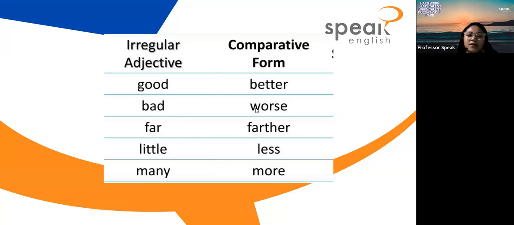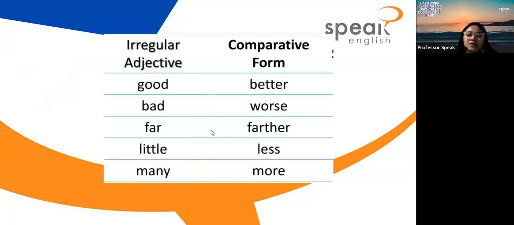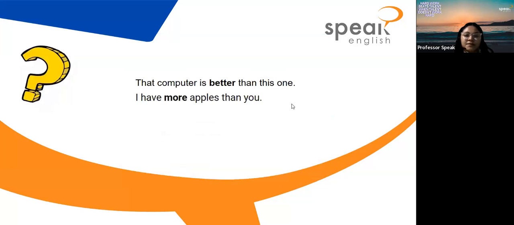We have to memorize. Let's check now some examples. That computer is better than this one. I have more apples than you. So again, in here, the irregular is "better", and "more" is the irregular for "many".